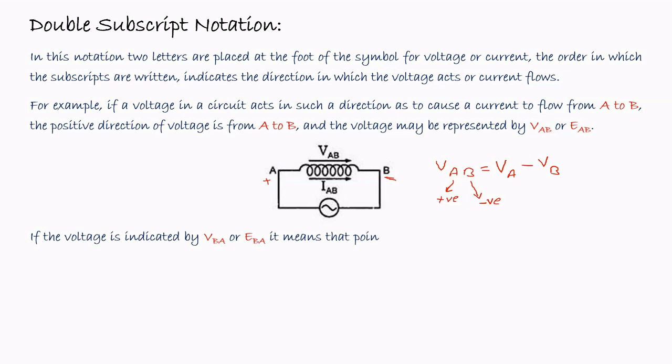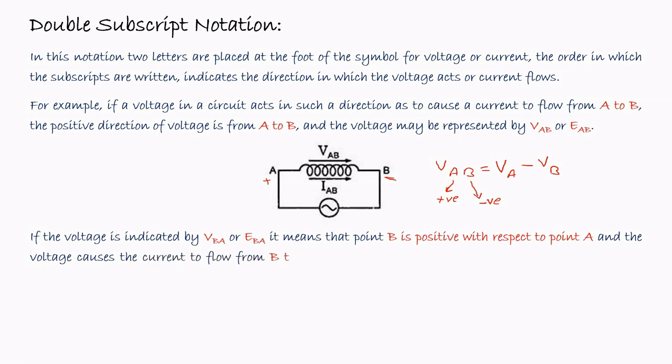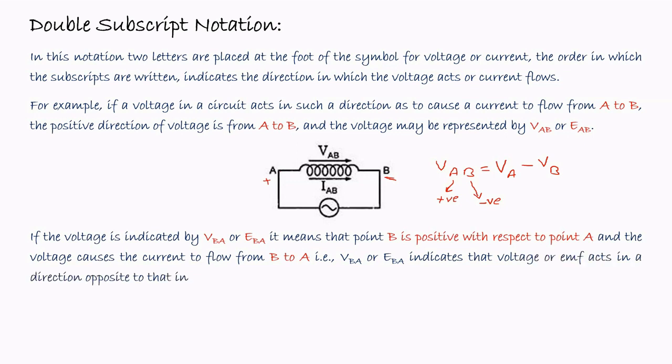If the voltage is indicated by VBA or EBA, it means that point B is positive with respect to point A, and the voltage causes the current to flow from B to A. That is, VBA or EBA indicates that the voltage or EMF acts in a direction opposite to that in which VAB or EAB acts. So we can say VBA is equal to minus VAB.